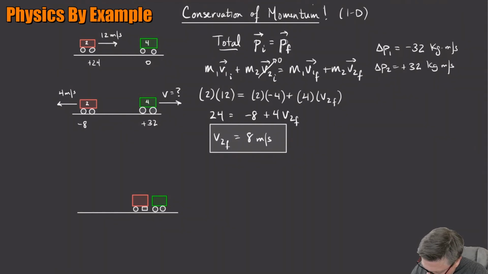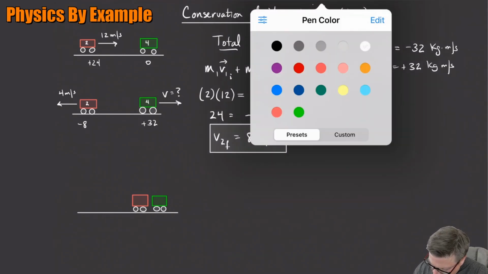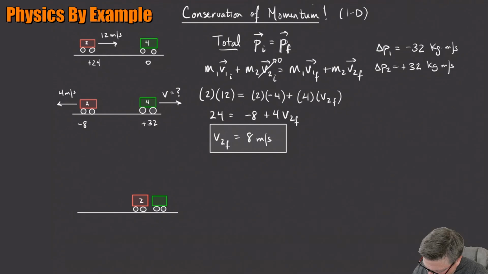For some reason that gets a square wheel. Not sure why. Maybe if I draw it really slowly and carefully, I get round wheels. Okay. This was 2 and 4, and what I want to find is their V final after the collision.